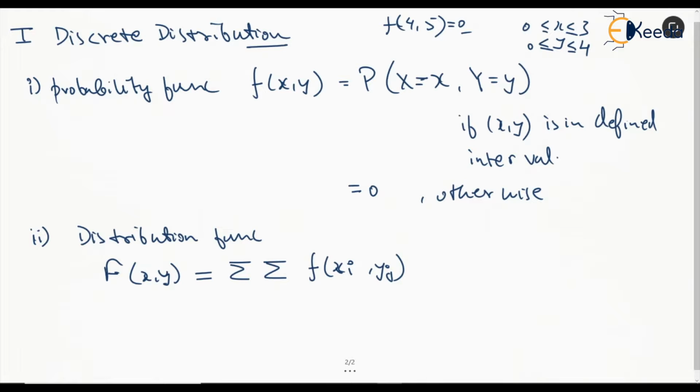So yj should take values less than or equal to y, and xi should take values less than or equal to x, right? So it is a summation of all the combinations of x and y up to that small x and small y, nothing beyond that. Obviously if it is discrete, we'll have a finite number of points and a finite number of values for that, right? So this will give the distribution function.